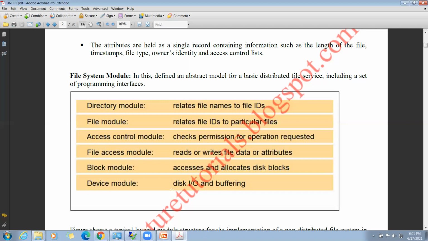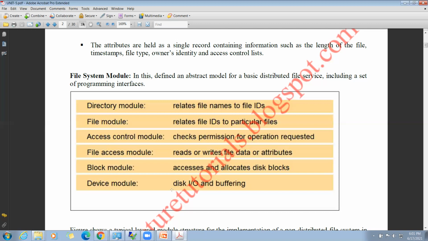Next, access control module. It checks the permission on operations requested. Suppose we have requested one operation, read operation or write operation, on a particular file, this access control module will check the permission of the users who requested the operation. File access module. On some files we have read access, on some files we have write access, reads and writes for file data or attributes.